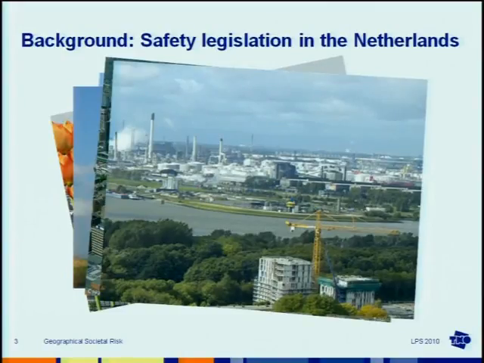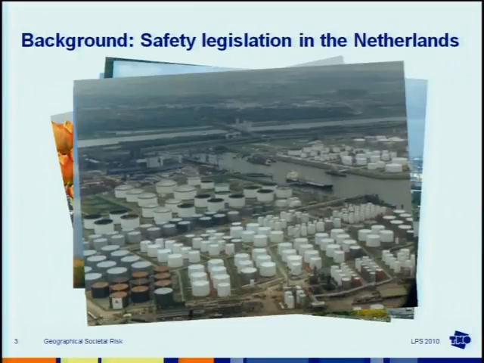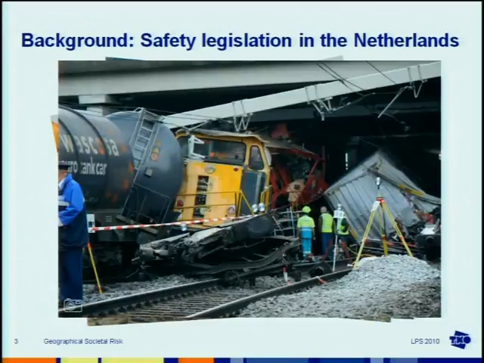The Netherlands often refers to itself as the distribution center of Europe. So we have a large harbor, Rotterdam. But it also brings a lot of transportation through the country, to Germany, through France, to Belgium. We have a lot of refineries in the harbor area and in industrialized zones. So that really also includes problems related to safety.